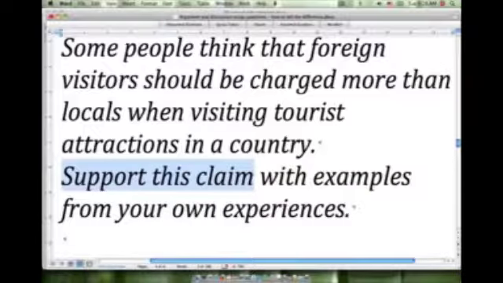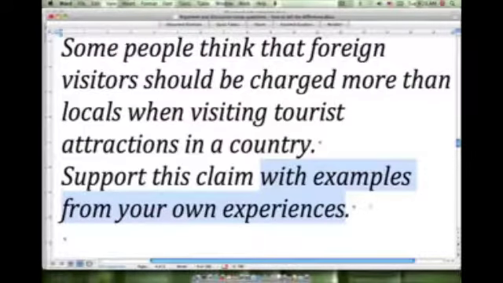So we're going to be writing an argument essay, but in this argument essay, we do not have any choice what our position is on this opinion, because our essay question is telling us very clearly, support this claim. It's not saying, do you agree or disagree, or what is your position on this claim. It's telling us, support this claim. So we have to support it. Now the second part is with examples from your own experiences.